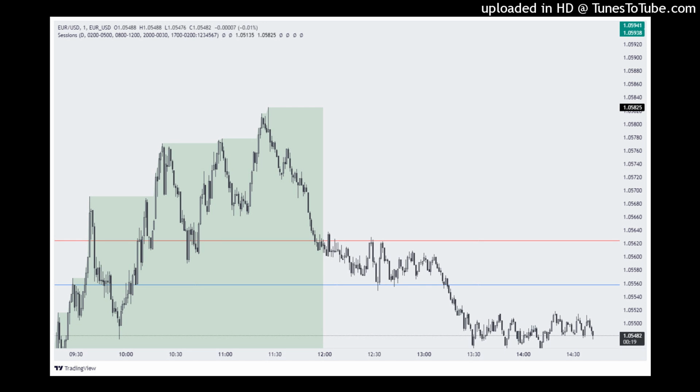So right here, it comes to reading the fair value gaps very, very carefully. We had the weekly fair value gap that we can potentially look to target right here, but we have this bearish 4 hour fair value gap, which we did not respect. We had a new bullish 4 hour fair value gap right there. So currently on the 4 hour, there's nothing super clear at this moment in time.